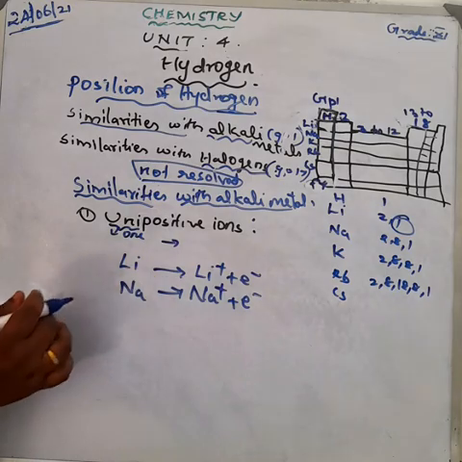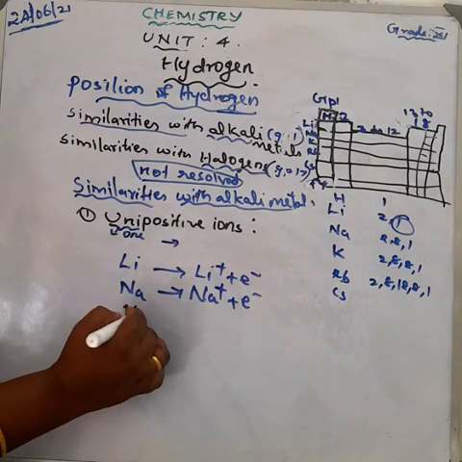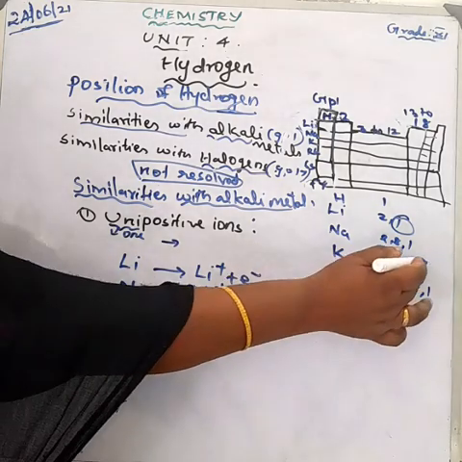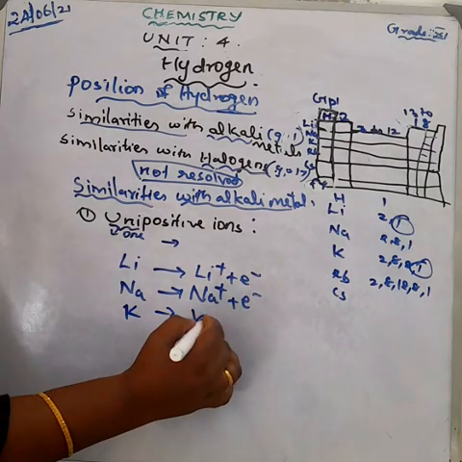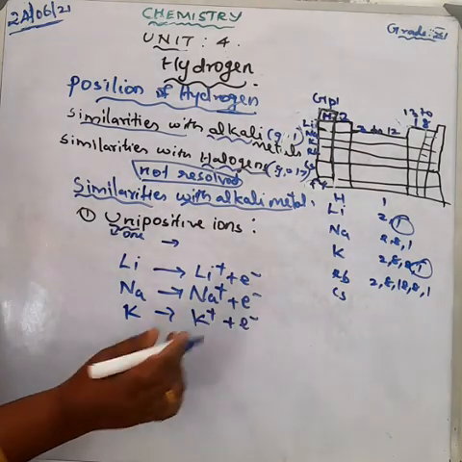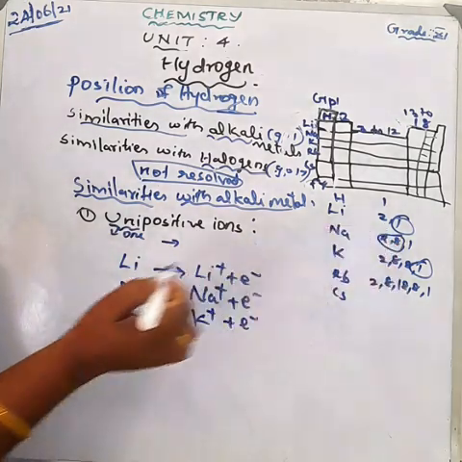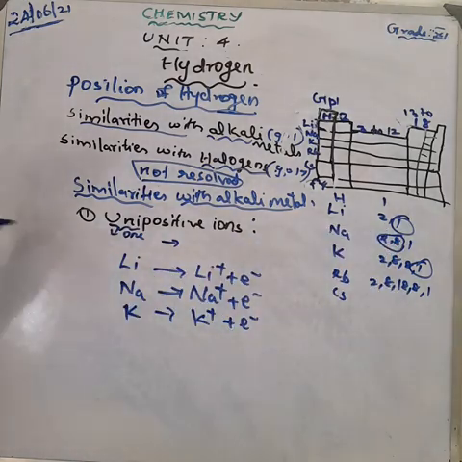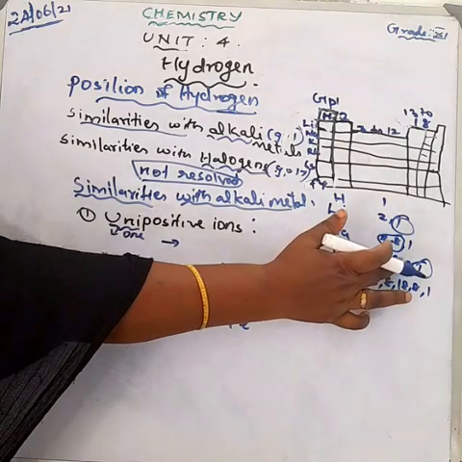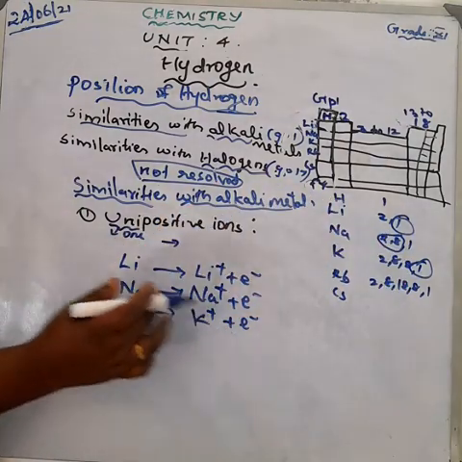Like that, potassium has only one valence electron, and it can easily lose it because it tries to attain the octet configuration. So the potassium atom removes one electron to form a unipositive ion.